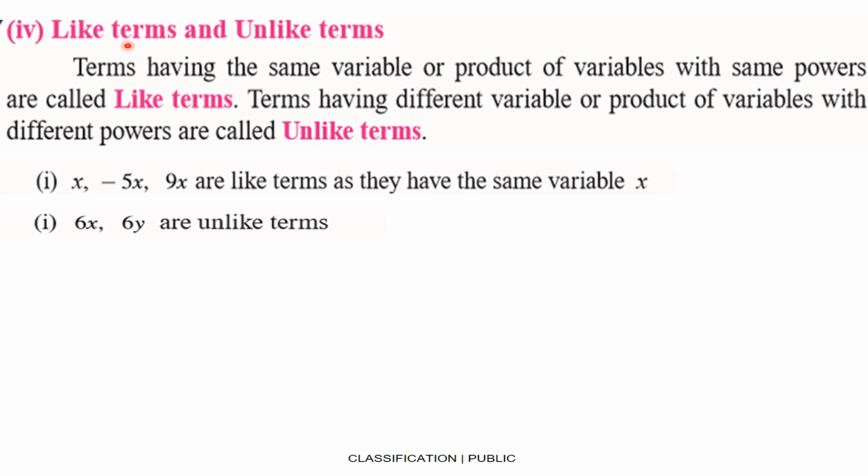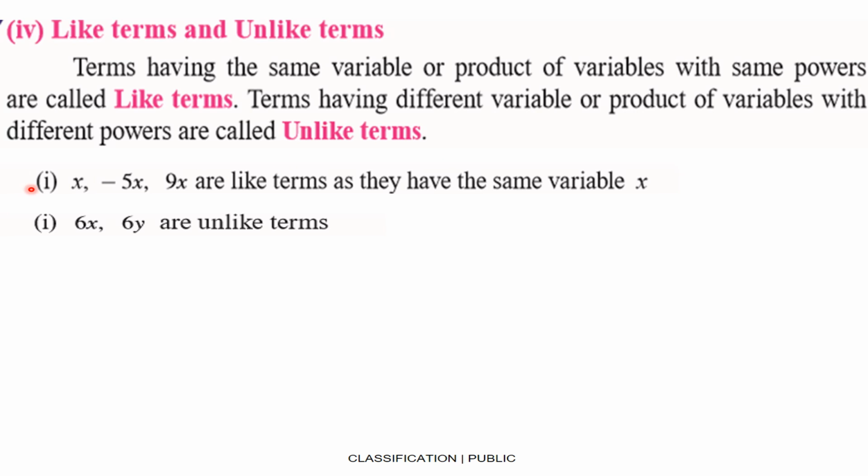Next, like terms and unlike terms. Like terms means terms having the same variable or product of variables with the same power. About powers I will explain in detail next class. Terms having different variables or product of variables with different powers are called unlike terms.